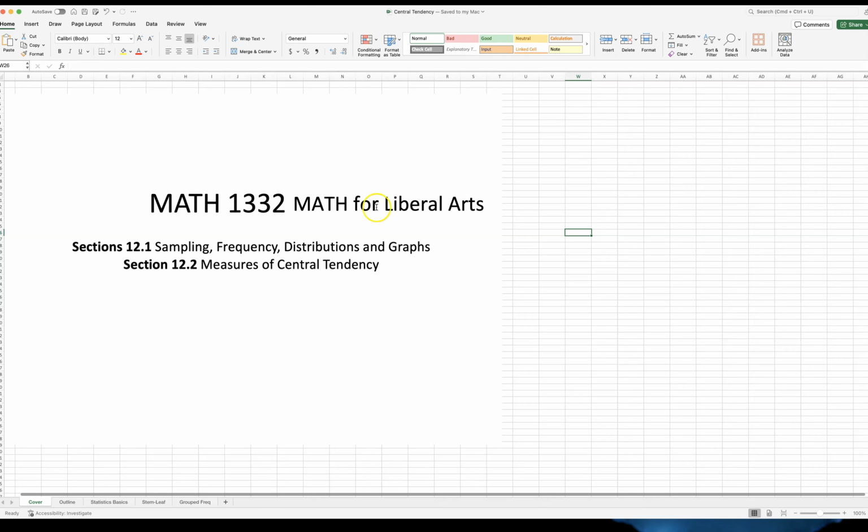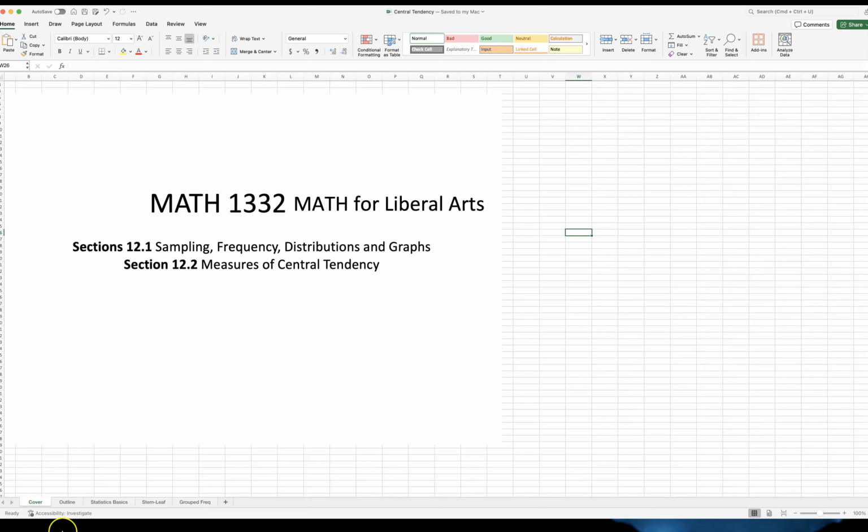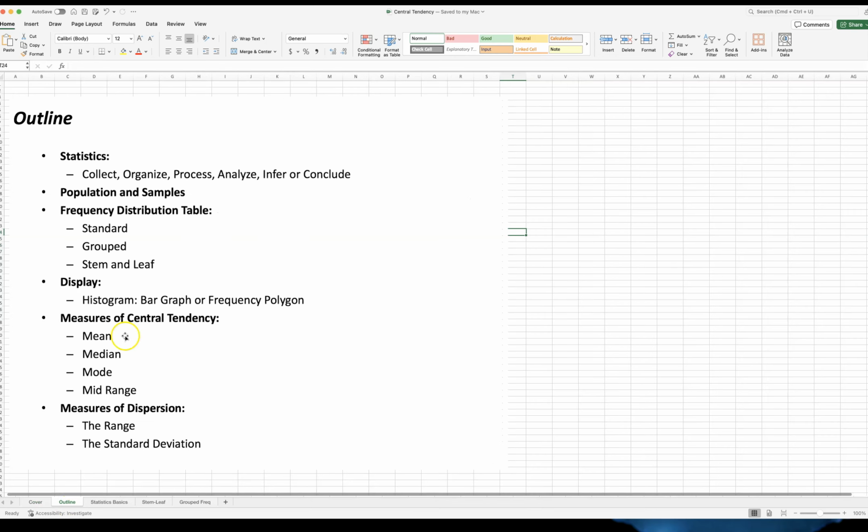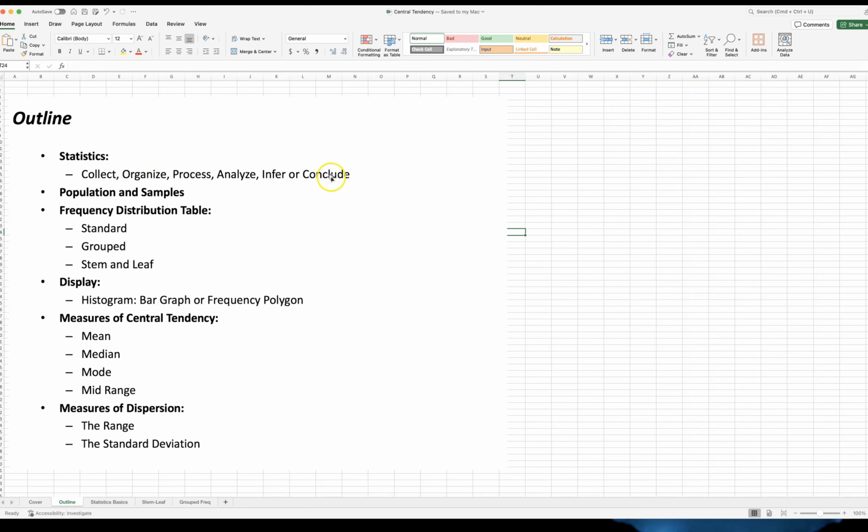So you have this cover page. This is the outline. This is what we discussed in here: the frequency distribution table, the mean, the median, the mode, the mid-range, and the bar graph, that is what is called the histogram.